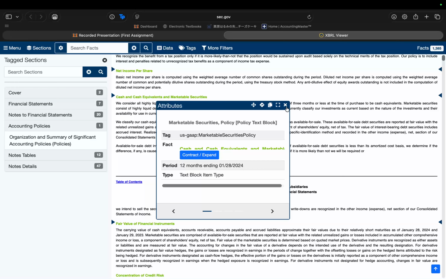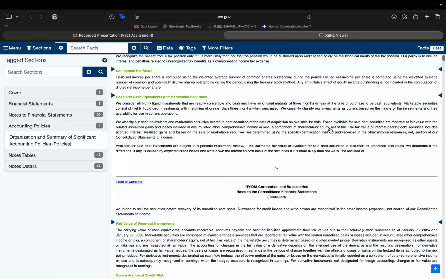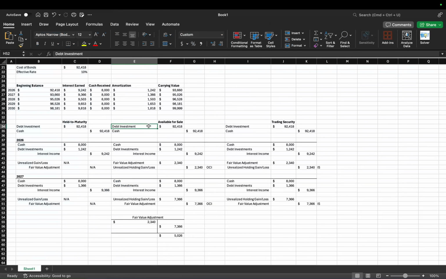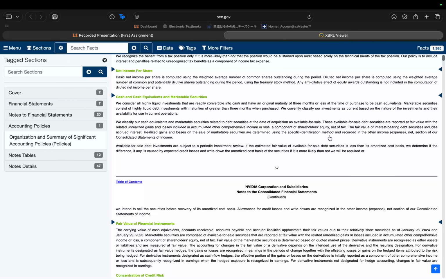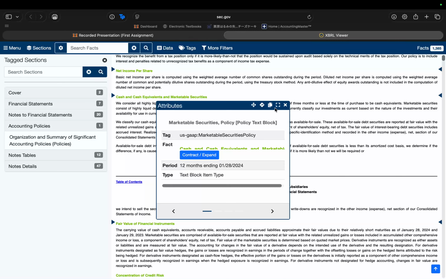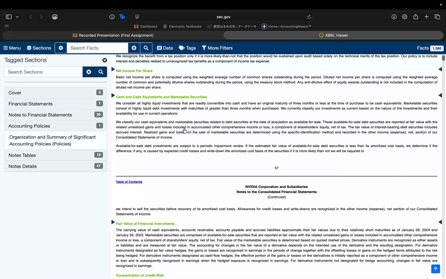So they are using this method right here, right? Well, I guess really this. Available for sale. They might be selling the investments. They might be holding on to it. They're not 100% either way yet, right? And again, as I was saying earlier, they're reported at their fair value with the related unrealized gains and losses included in accumulated other comprehensive income or loss, like I was saying earlier.